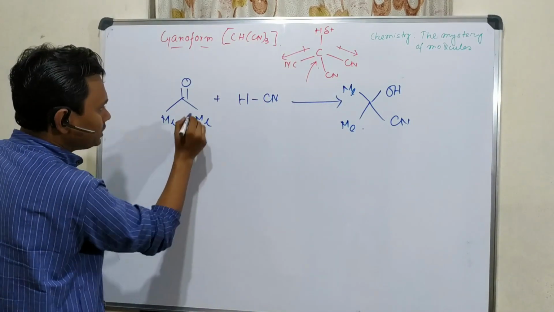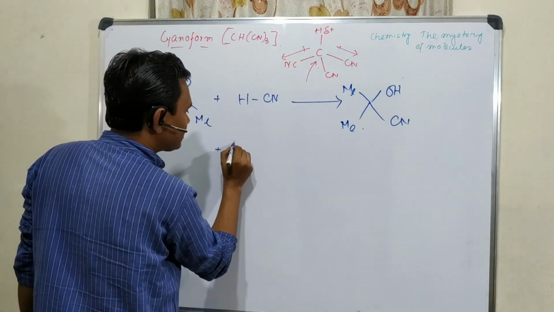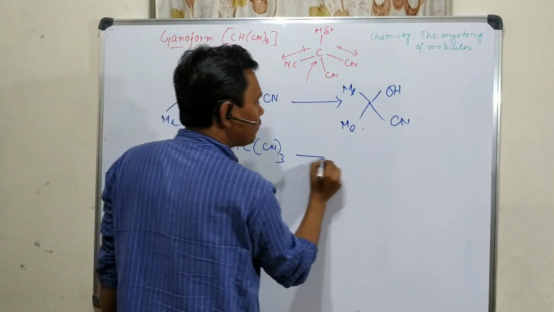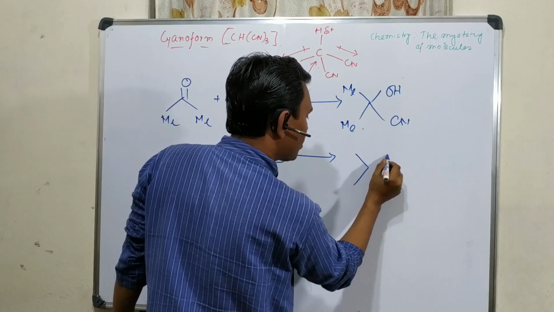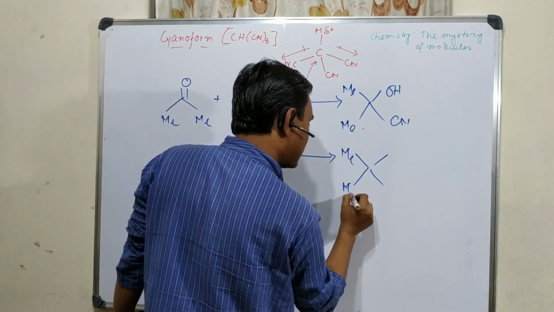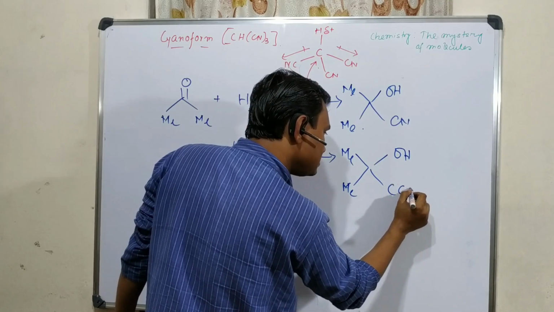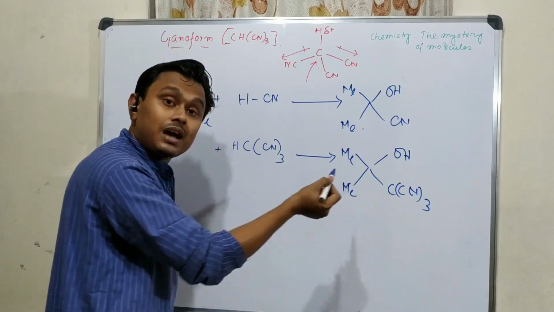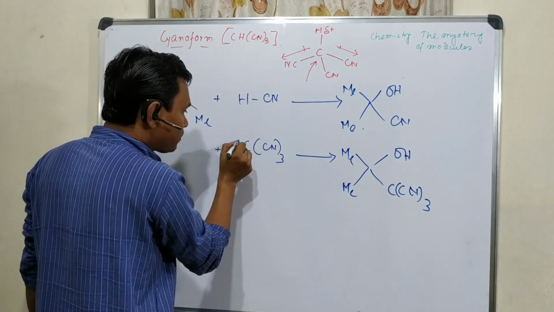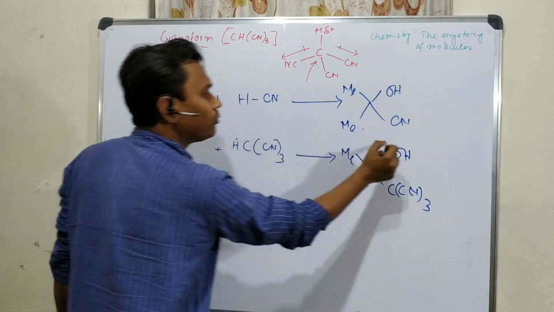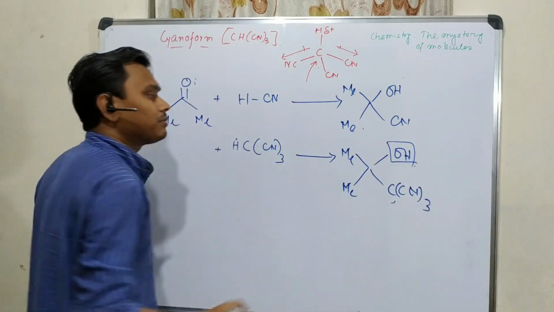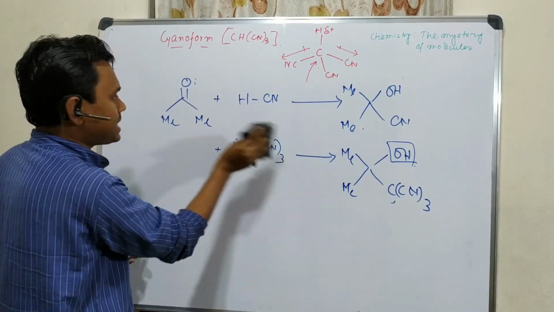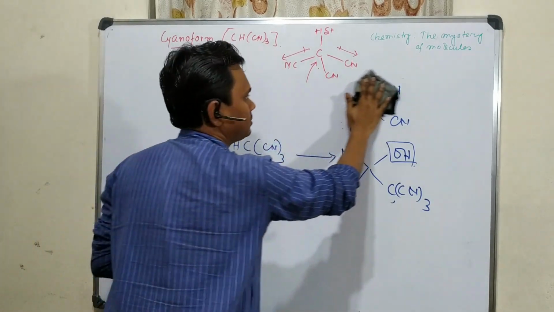Similarly, if we take acetone and add tricyanomethane, it also forms an addition product with acetone, which is this, with CN thrice. Understood? The bonding is through this carbon. This proton goes to the oxygen to form the hydroxyl group, and thus the carbanion attacks. So this is similar to cyanohydrin formation. This example I have taken from the Angewandte paper, and I have given the reference.